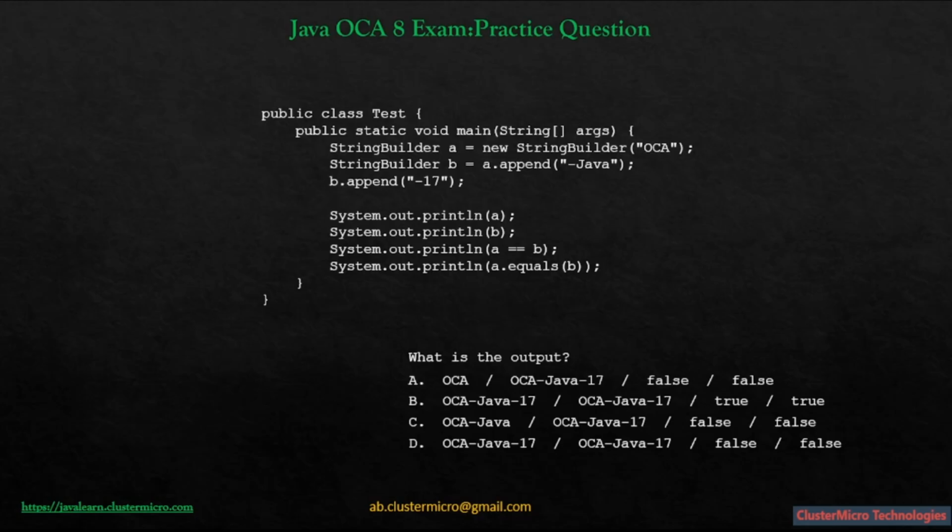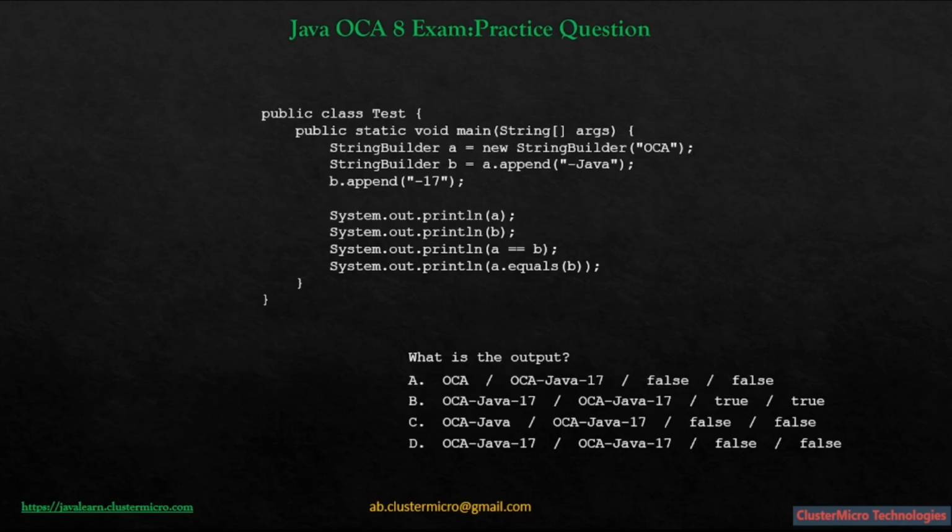Since a and b are the same object, equals returns true here also. Both checks agree because it is literally one object being compared to itself. Note that this doesn't mean StringBuilder equals compares content. It returns true here only because a and b are the same reference. If they were two separate StringBuilders with identical content, equals would return false.